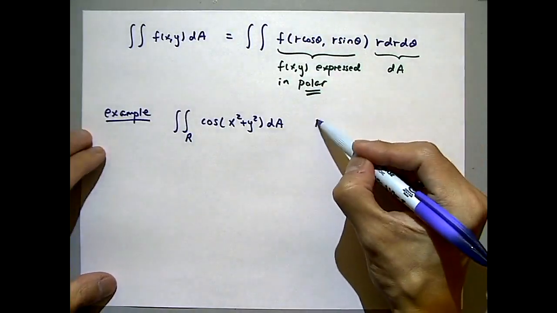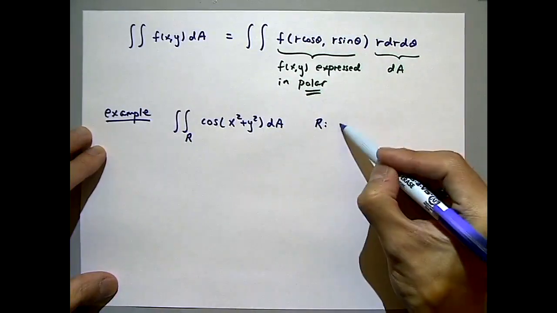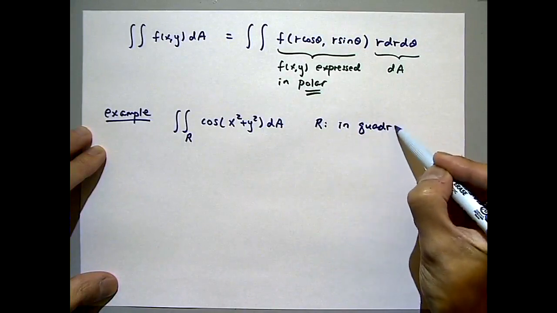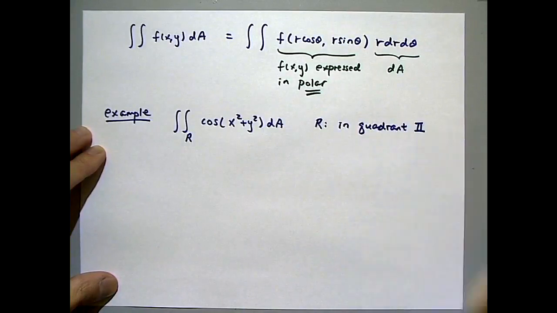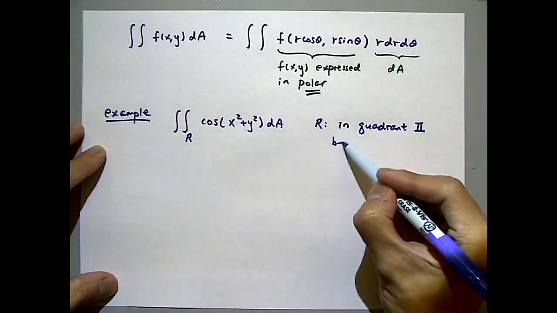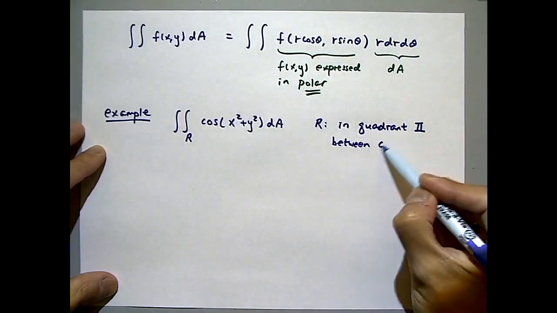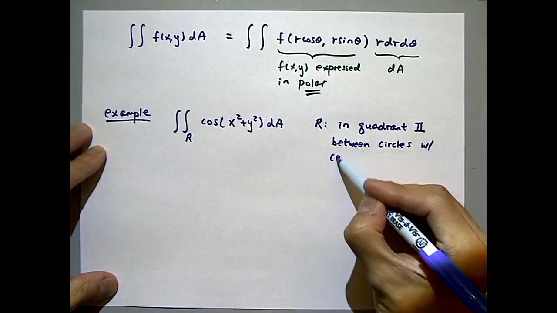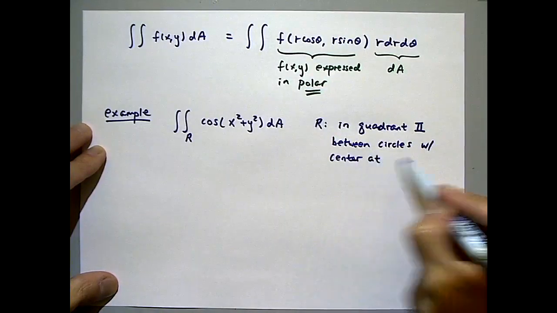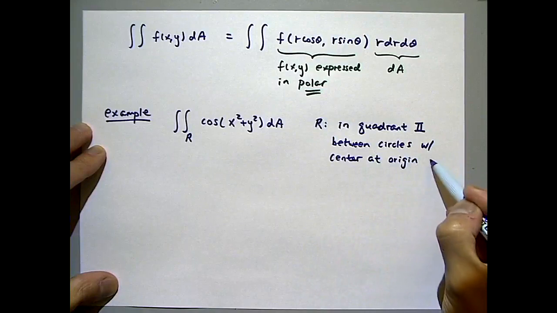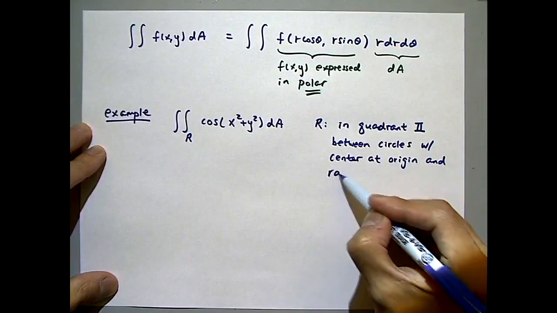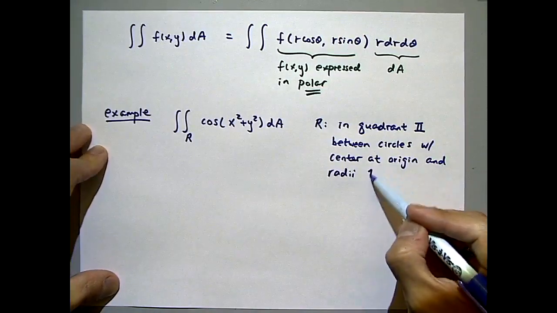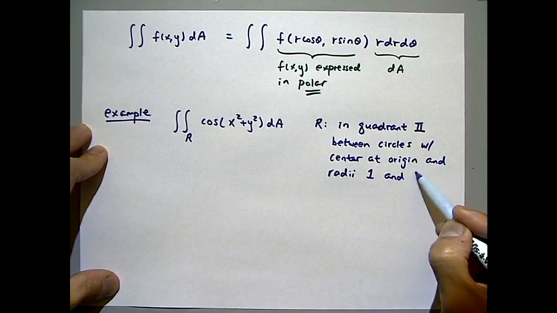And the region R is a region in quadrant 2 between circles with center at the origin, between a circle of radius 1 and a circle of radius 4.